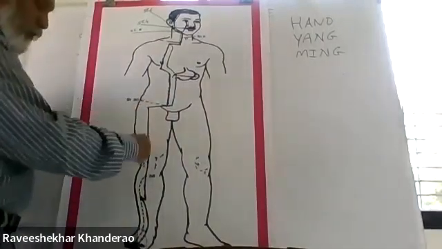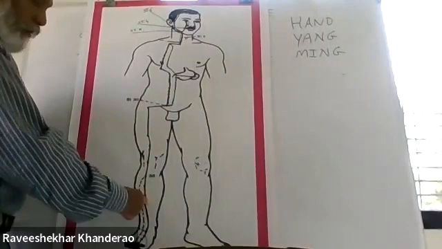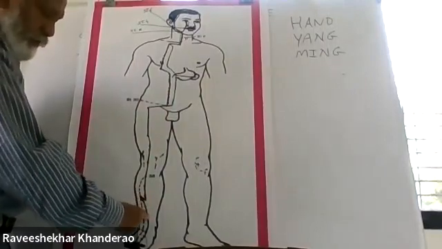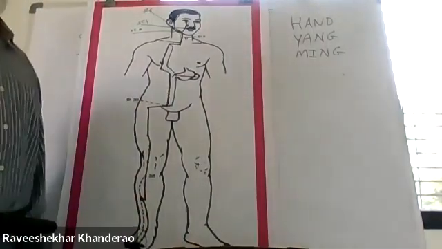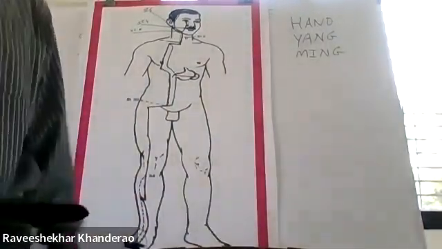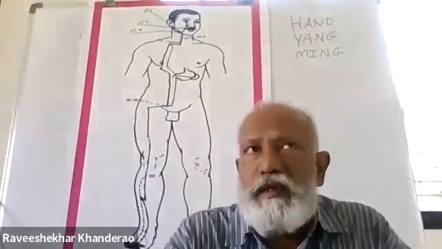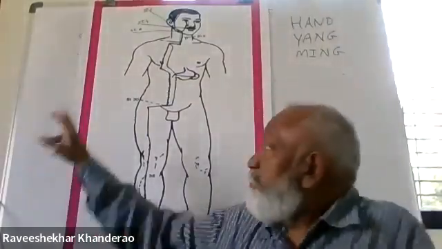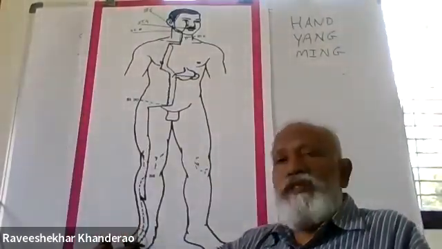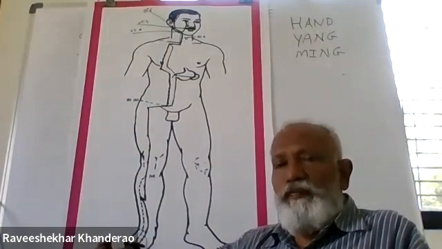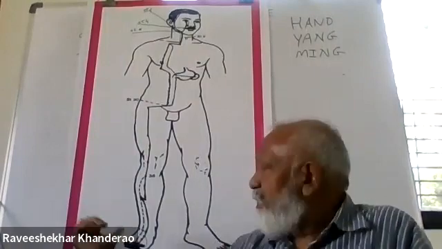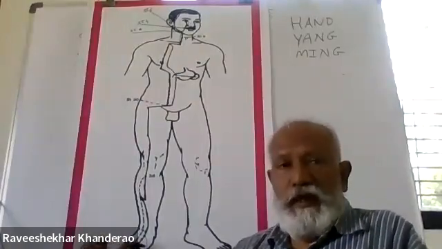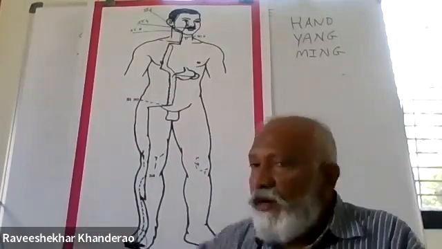So it goes down and connects to the corner of the second toe. It is the medial corner of the second toe. So this meridian goes down, it meets the corner of the second toe at stomach 45 point. ठीक है, यहां से आगे बढ़ते हैं.